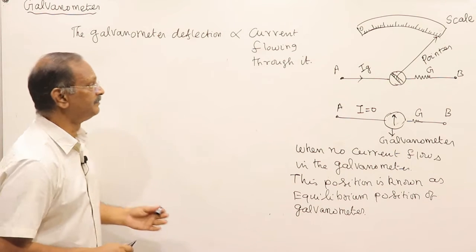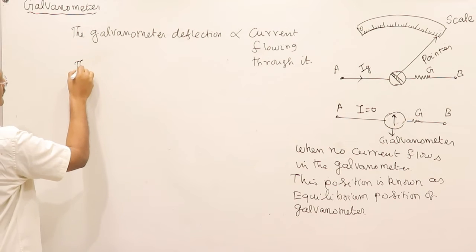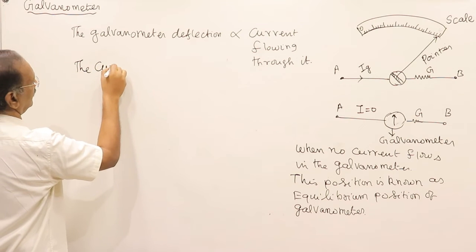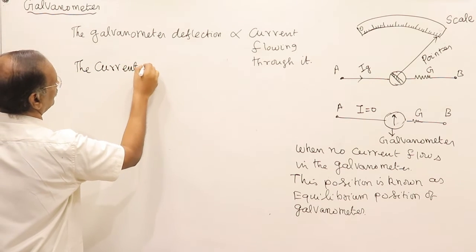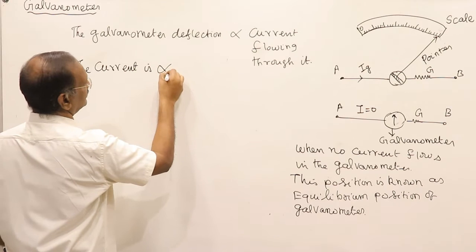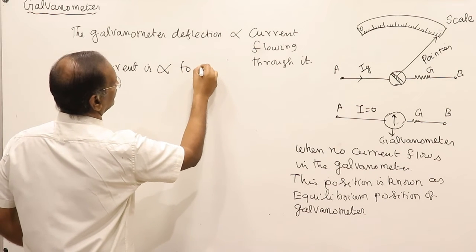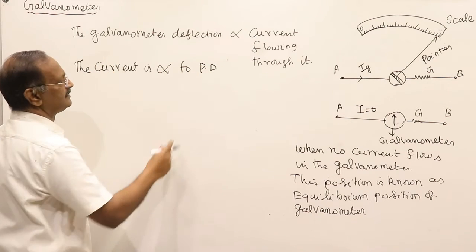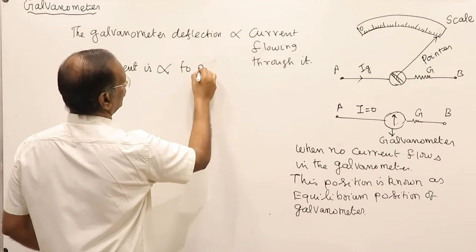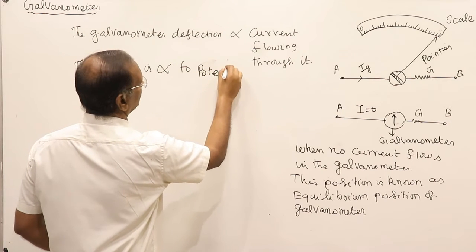And the current is proportional to the potential difference. Which potential difference?